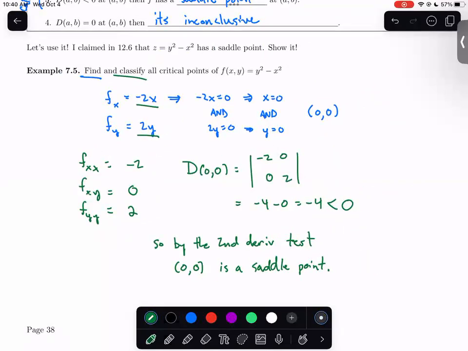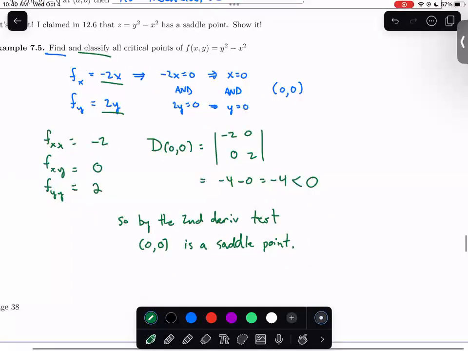So again, I claimed back in 12.6 that this hyperbolic paraboloid looked like a saddle. It has this kind of saddle point thing. And if you looked at the parabolas going in the two different directions, you have one that stretches down and one that stretches up. And this point here is this saddle point.